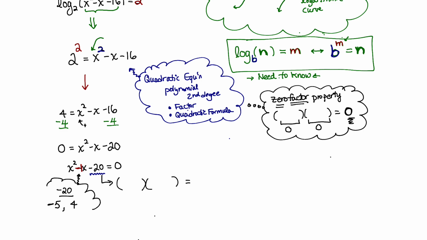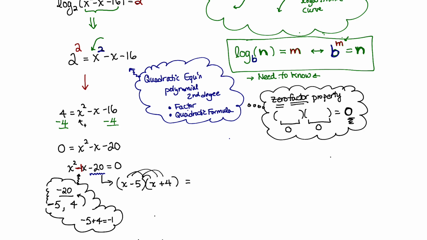And in fact, I think the combination is if I have a negative 5 times a 4, I multiply them to get negative 20, but I add them to get negative 1, and so I think those are my magic numbers. And that then allows us to factor this trinomial into two binomials with x times x being our first terms, followed by negative 5 and then positive 4, which if we were to go back and FOIL it out, we would discover we would obtain x squared minus x minus 20.